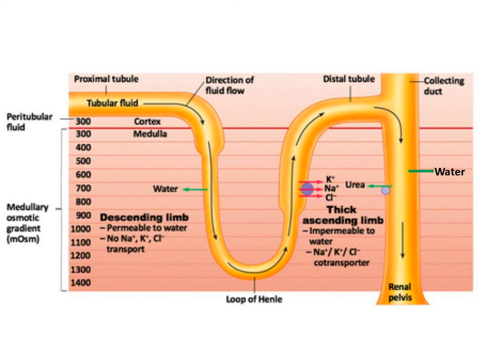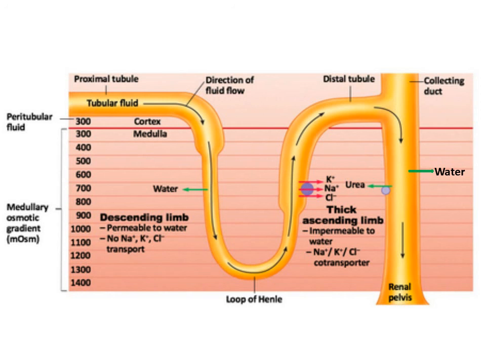Clear? So once again I will tell. In the proximal tubule, there is no change in the osmolarity. In the descending limb, water moves out, so there will be an increase in the osmolarity of the tubular fluid.